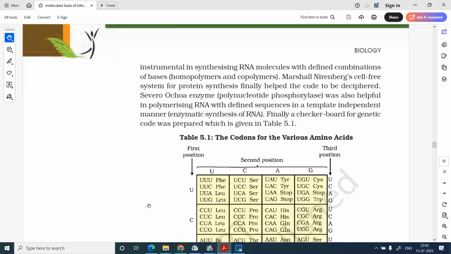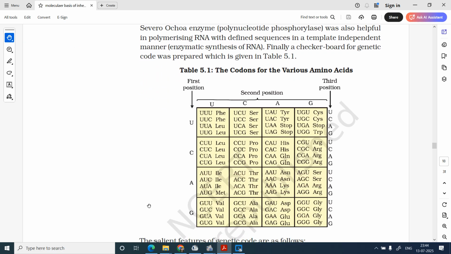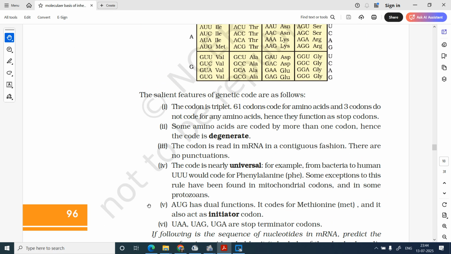Marshall Nirenberg's cell-free system for protein synthesis finally helped the code to be deciphered. Severo Ochoa's enzyme polynucleotide phosphorylase was also helpful in polymerizing RNA with defined sequences in a template-independent manner. Enzymatic synthesis of RNA finally led to a checkerboard for the genetic code being predicted, which is given in Table 5.1.